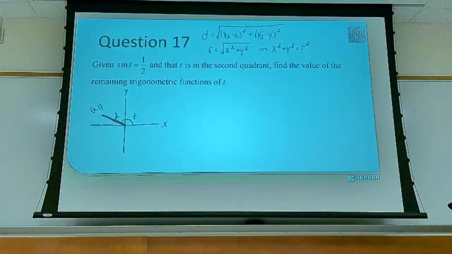So I'm just going to write it out for this one. x squared plus 1 squared has to be 2 squared. So x squared plus 1 has to be 4. x squared has to be 3. Square root of 3?